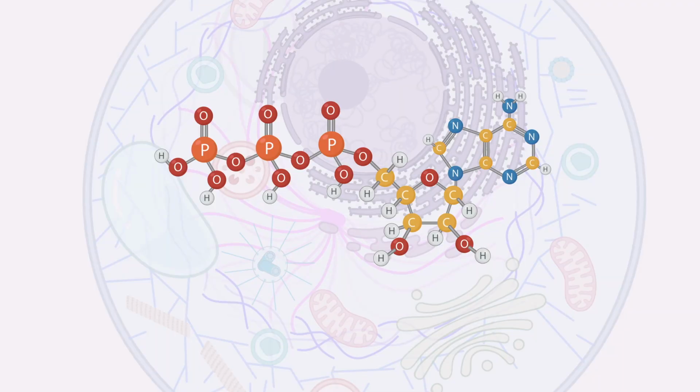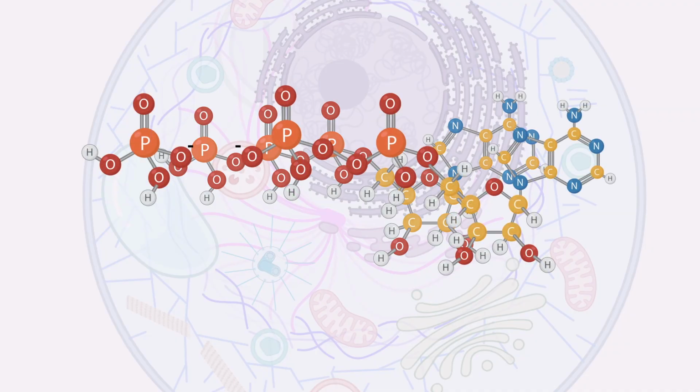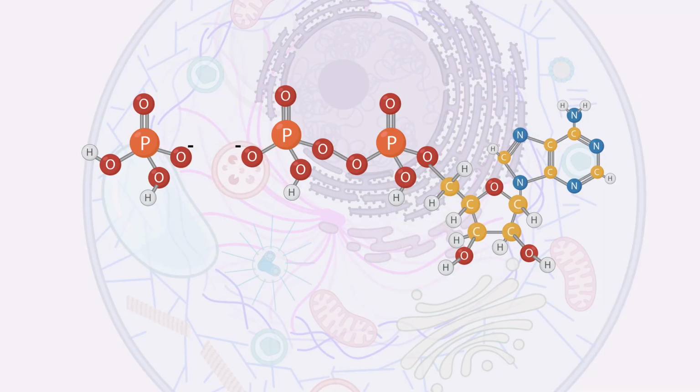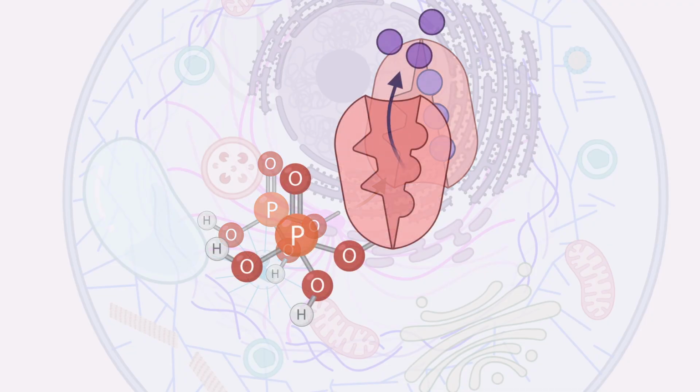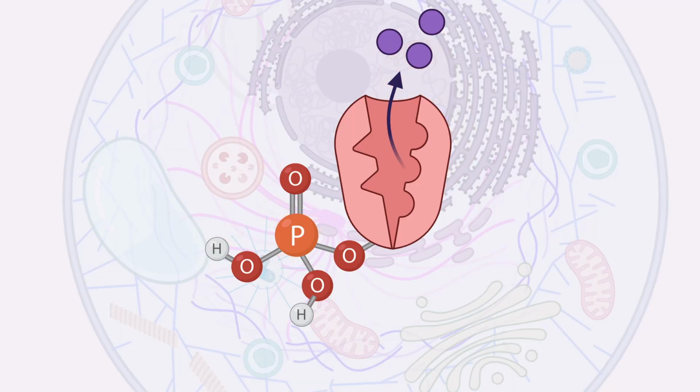When a reaction requires energy, ATP provides this resource by breaking the bond between 2 of these phosphates, releasing one. The released phosphate binds to the protein or other compound and transfers that energy from the broken bond to the new molecule, allowing the reaction to occur.